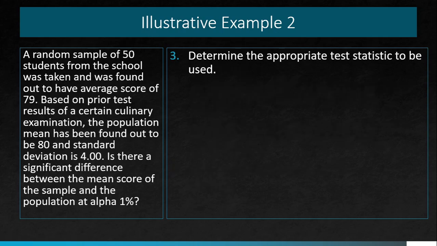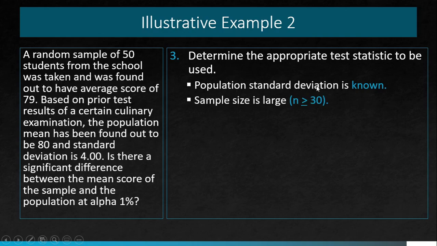So what appropriate statistical test are we going to use? Population standard deviation is known. It's found here. It states that the population has a mean of 80 and standard deviation of 4. Sample size is large, greater than 30.